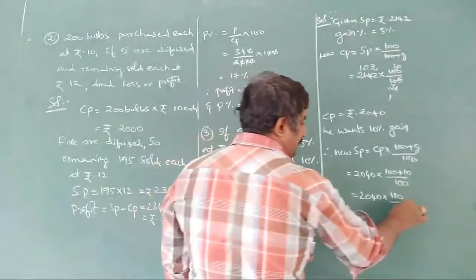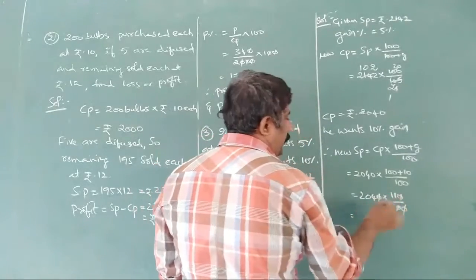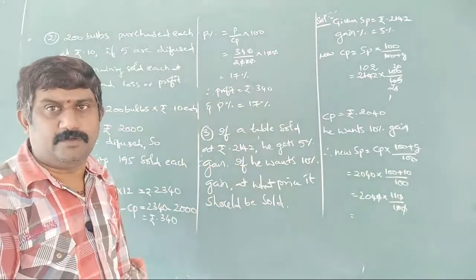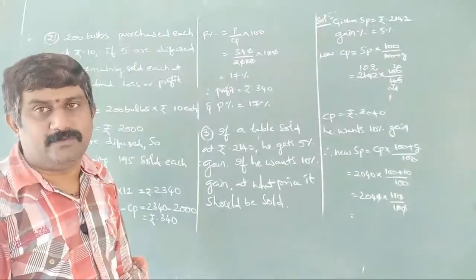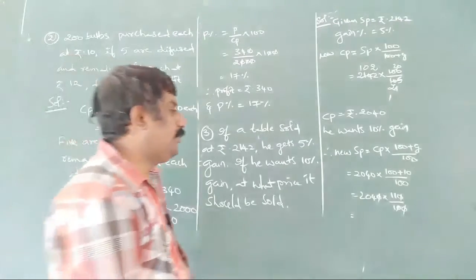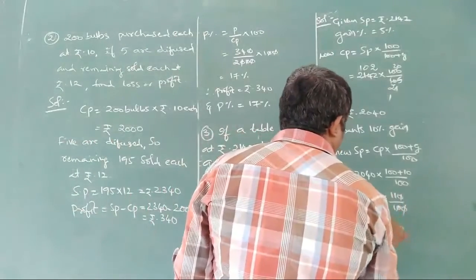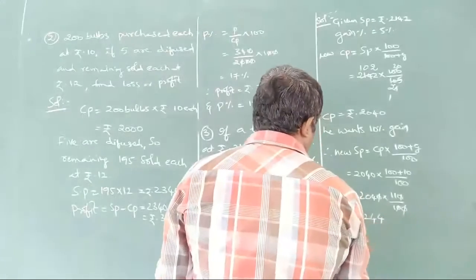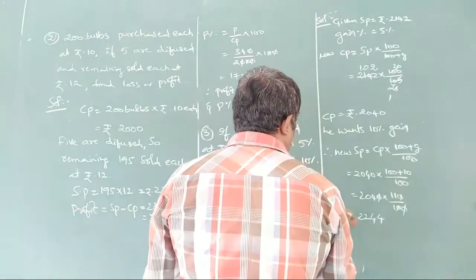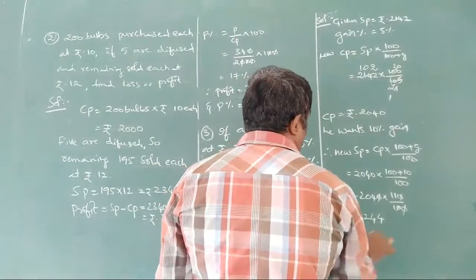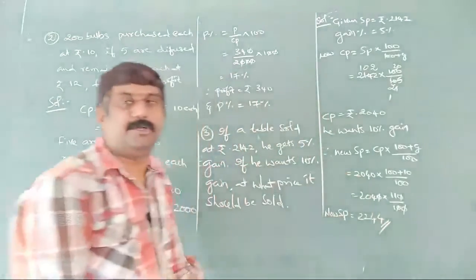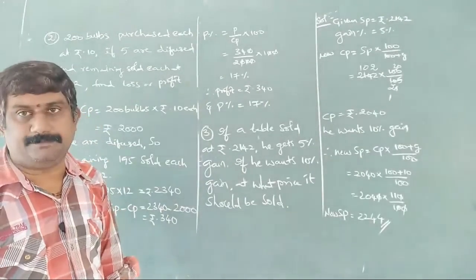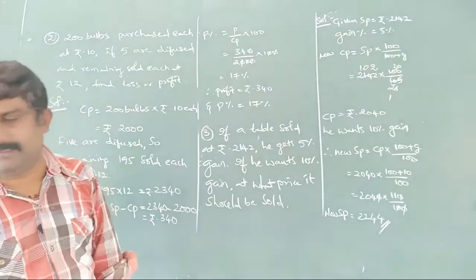Now just cancel this 0 and 0, this 0 and 0. 204 into 11. 204 into 10 is 2040, one more 204 we have to add here. So how much is it going to be? 11 4s are 44, 4 and 4 I am keeping. 11 2s are 22. So new SP is equal to rupees 2244. So like this we can do the problems. One more problem we'll see here.